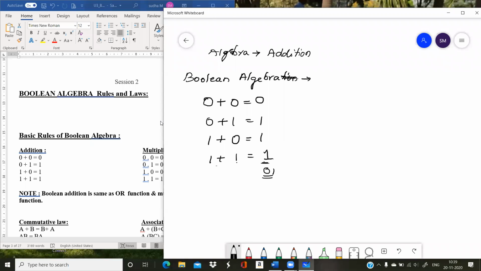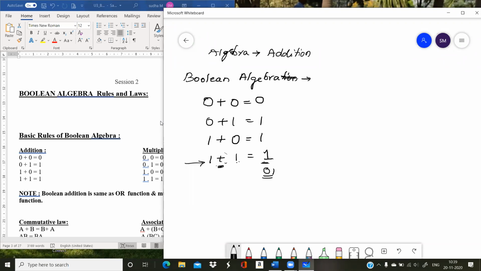That means we are applying these values to different logical gates or different logical circuits. At that time, this 1 plus 1 will be equal to 1. To say, this is not addition that we are doing, actually this is the OR function. We say 1 OR 1 is equal to 1. That we'll see later.